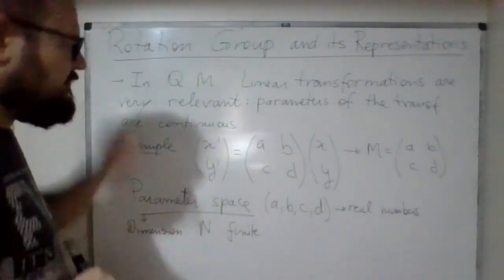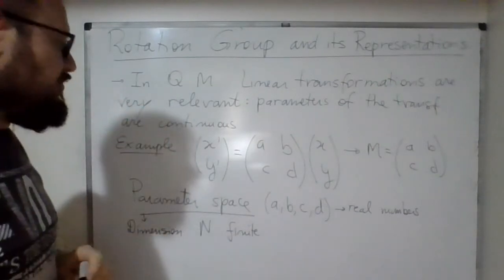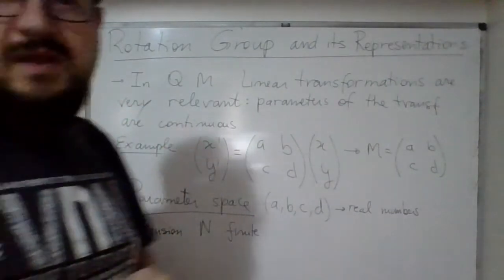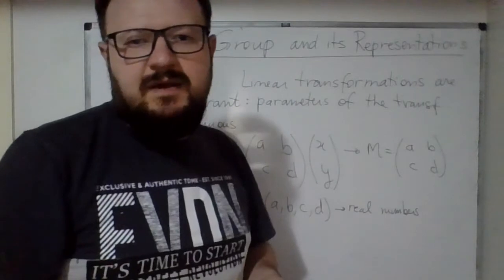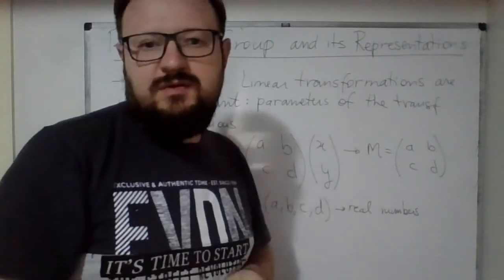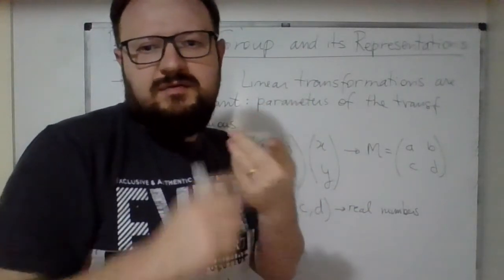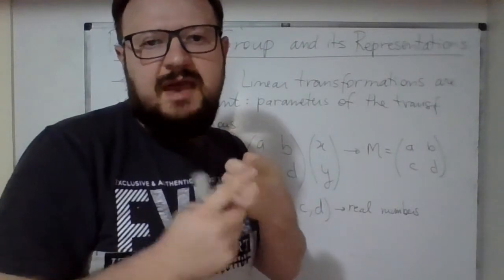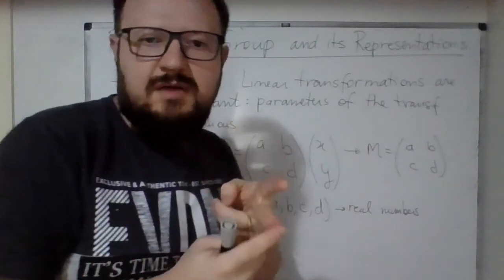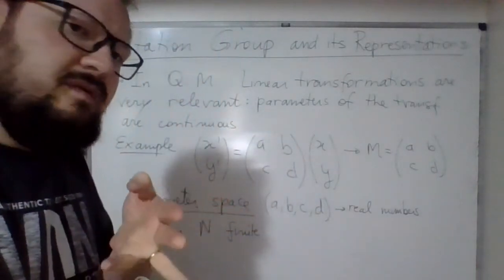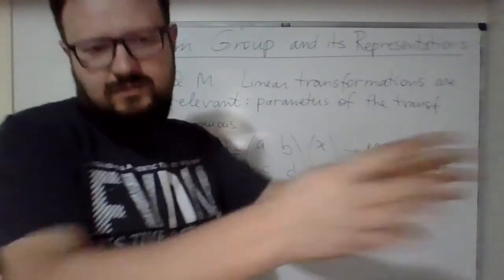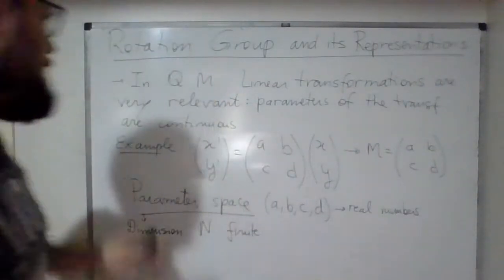So in three dimensions your parameter space would be three-dimensional because you need three angles of rotation: the rotation angle around the x-axis, around the y-axis, and around the z-axis, if you want to specify it that way.